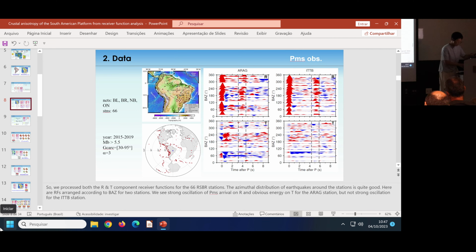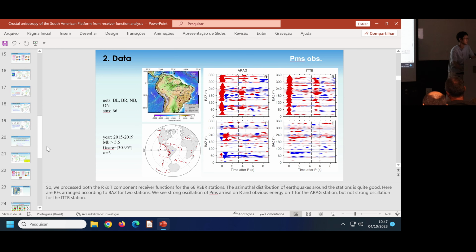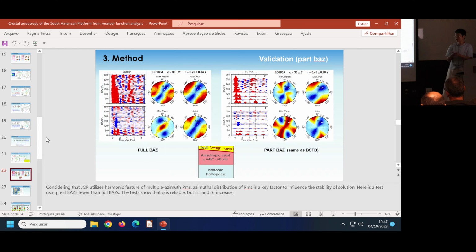I have another test, but I didn't show it here, because I showed too much synthetic test, so I picked it out. This is the synthetic test, but with fewer back azimuths. The azimuth is from real data. It's not full, from 0 to 360, but here we picked some.